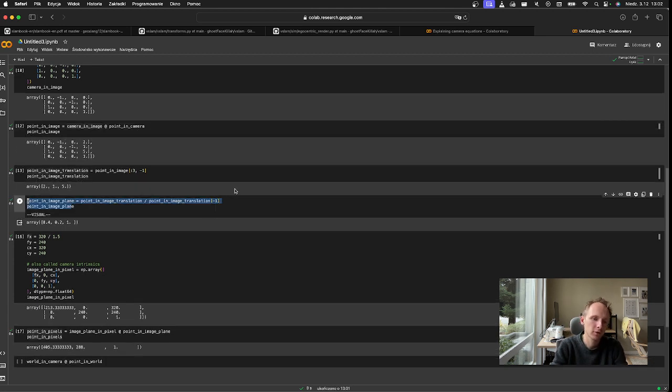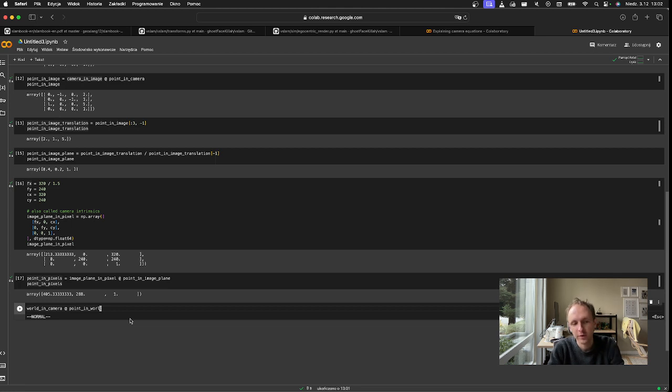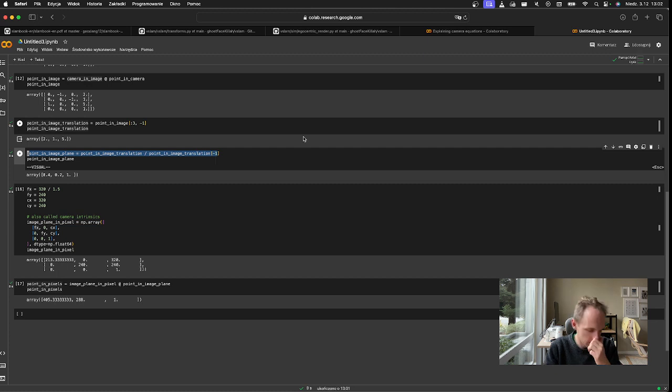Oh no, but you need to divide, right? So we won't be able to make a nice chain of linear operations, because here's our projective non-linear operation. Maybe there's a way to express it as a matrix multiplication, but I forgot right now. But basically this is what you do in rendering.